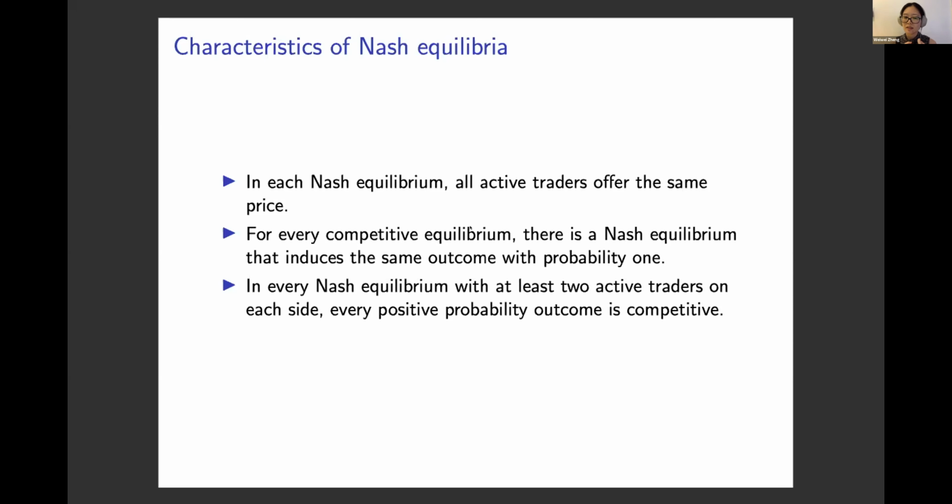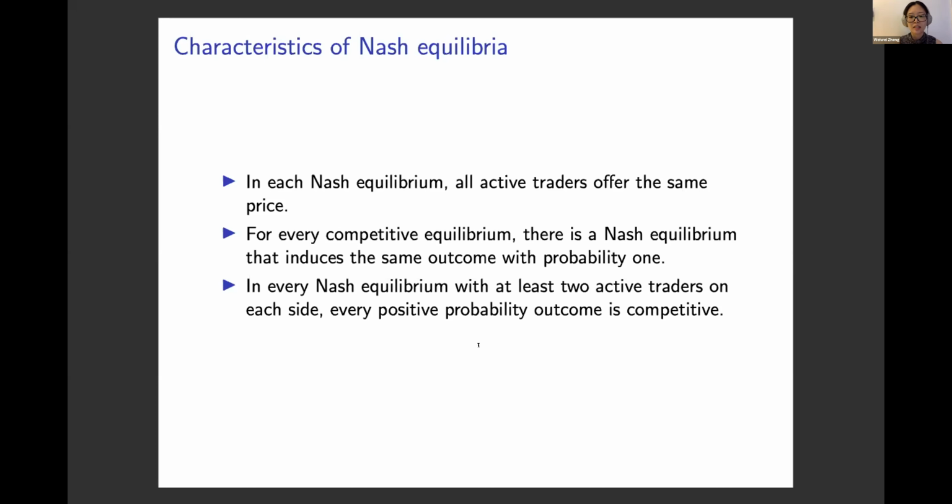Another important property of the Nash equilibrium is that if there are at least 2 active traders on each side, then every positive probability outcome is competitive.